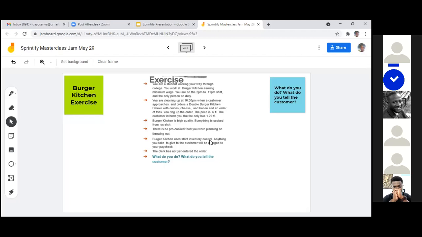So I would think it would be good to give the customer another alternative. You being in a position whereby you're on minimum wage, you also have your needs.